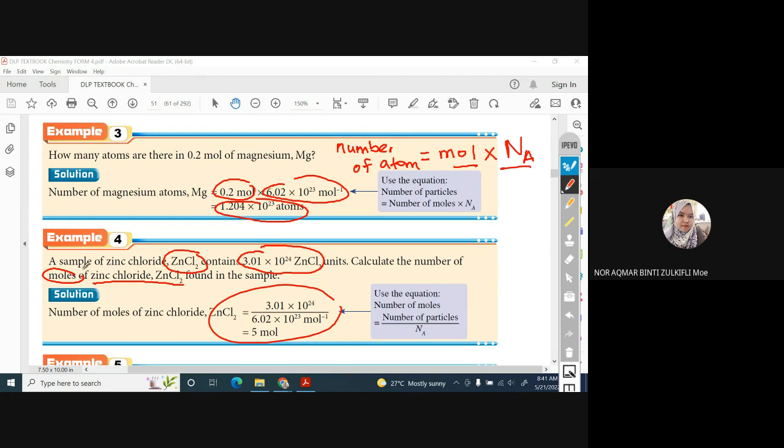But for example number 4, they want the number of moles. So you rearrange, this is mathematics.